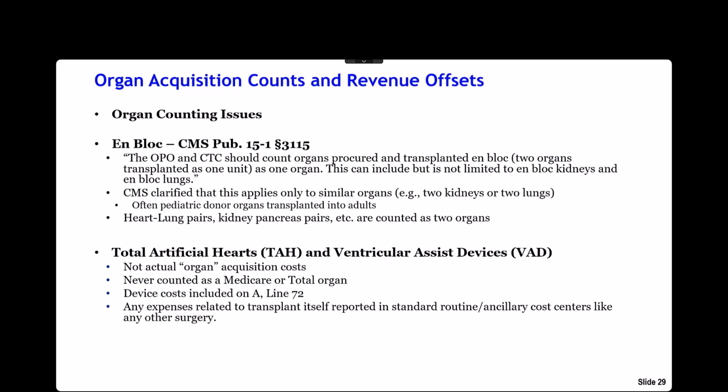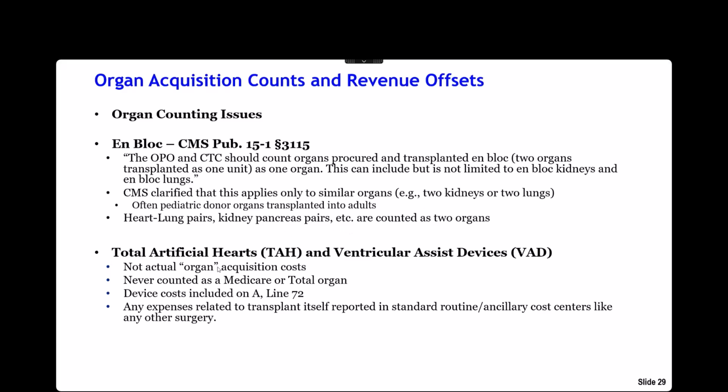Obviously, a deceased donor in that situation, virtually all the time. There are some weird situations that could cause that, domino transplants. But in any case, the heart-lung pairs, the kidney-pancreas pairs, those would be two organs. Even though they're transplanted at one time, as one group, they are still distinctly two separate organs. So en bloc is an unusual one when it comes up, but it's a rule CMS has really stressed over the years.